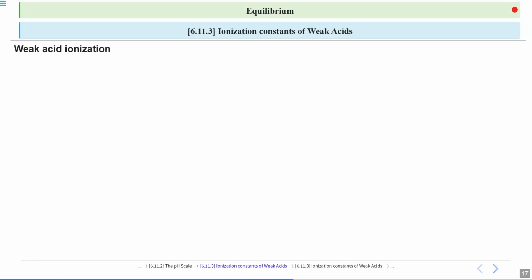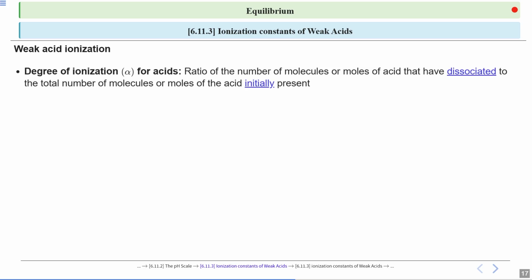Now we will look at this weak acid ionization in terms of pH. So first we will define Ka and make it suitable. To define it suitably, we are introducing a new, important term, which is degree of ionization. Now what is degree of ionization? Don't panic with this terminology. It's very simple.